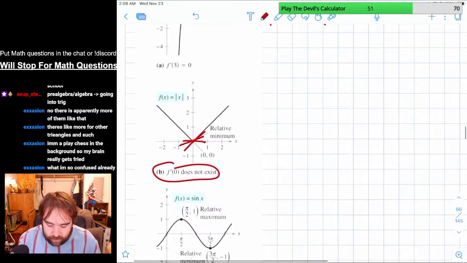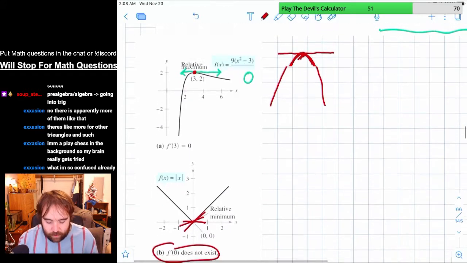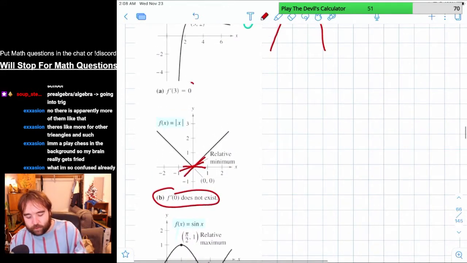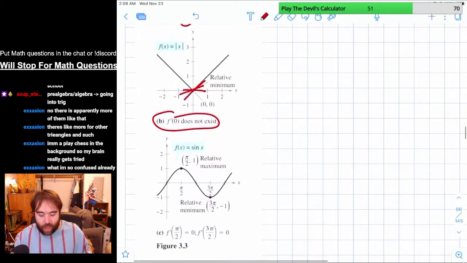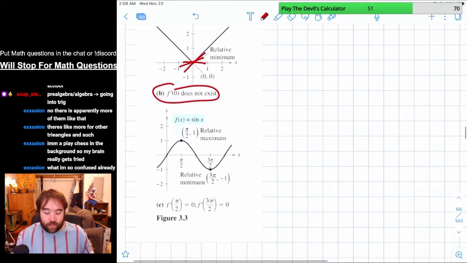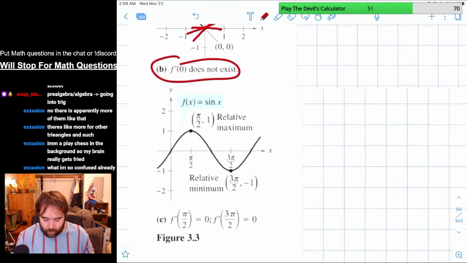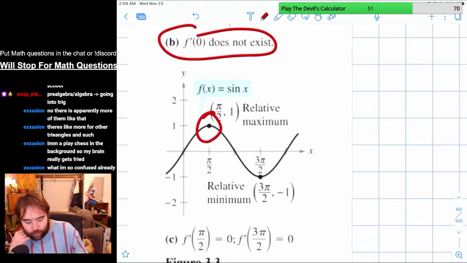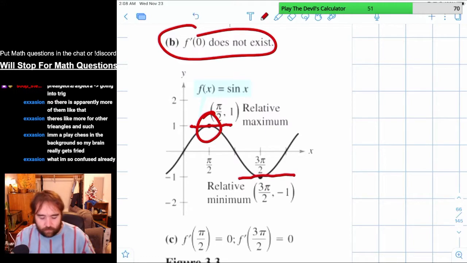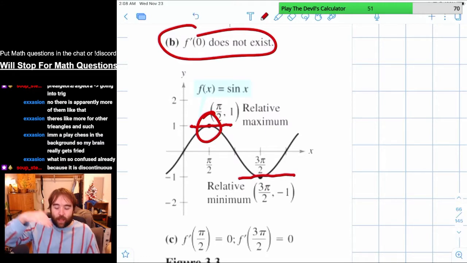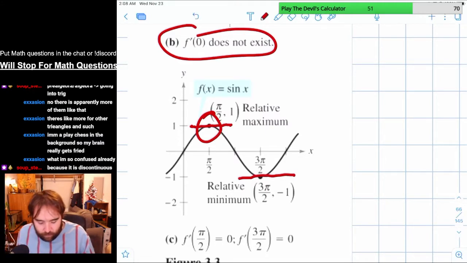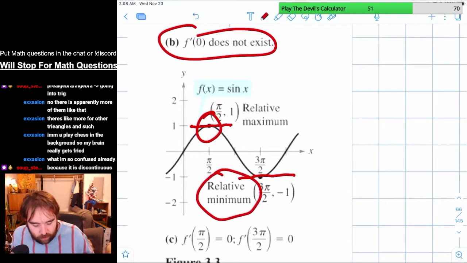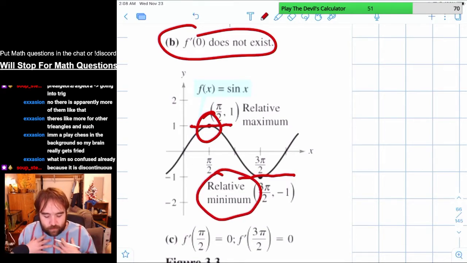So what they're showing us here is that there's kind of 2 possible ways there can be relative minimums. If the derivative is equal to 0, and if the derivative does not exist. And you see in this example, here's another one where the derivative is equal to 0. At the peak and the valleys of those sine curves, it flattens out, and that tells us it's going to have a relative minimum. So here it's also showing us, of course, those are English words, so if you know English, you should be good with that.